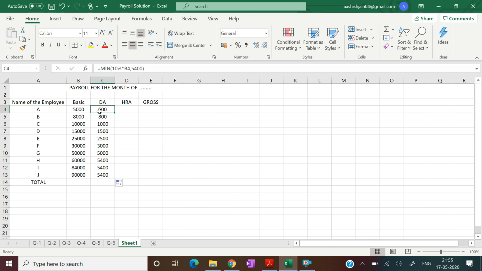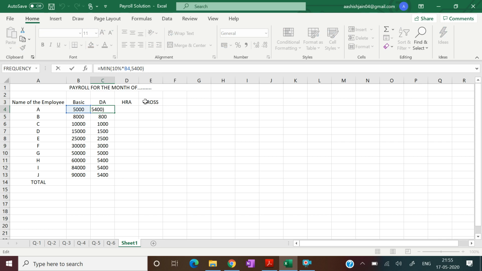You need to remember, whenever there is a constraint that the amount should not exceed a certain limit, we will always use min. How to use min? Take 10% of this, and then take here the maximum value.